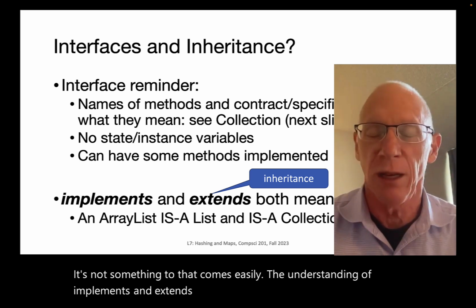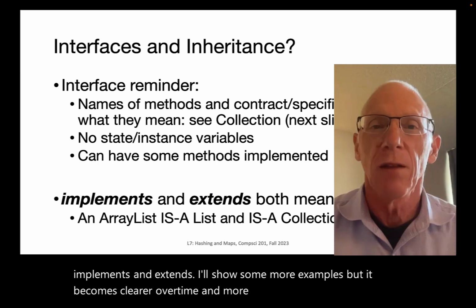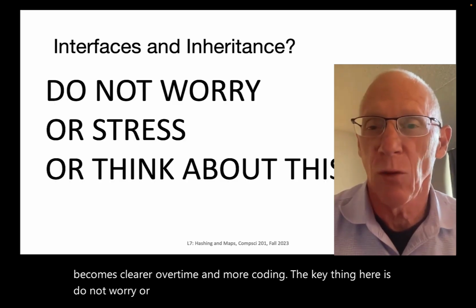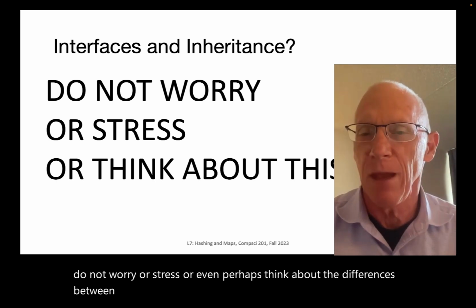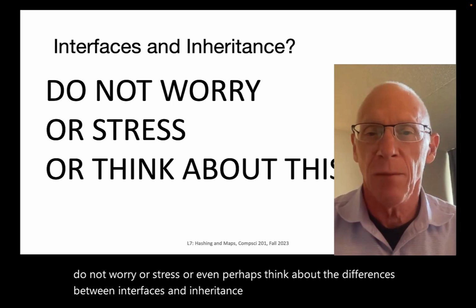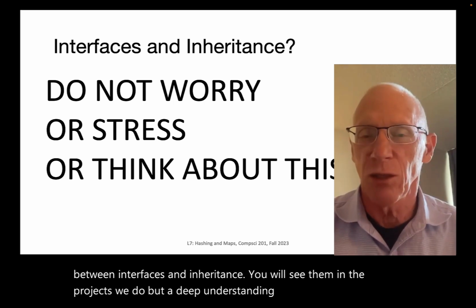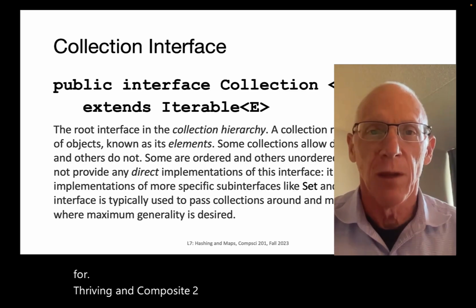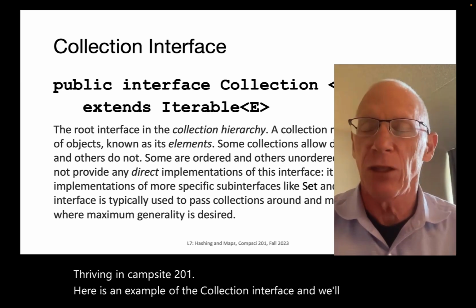I'll show some more examples, but it becomes clearer over time and more coding. The key thing here is do not worry or stress, or even perhaps think about the differences between interfaces and inheritance. You will see them in the projects we do, but a deep understanding of them is not essential for thriving in compsci 201.